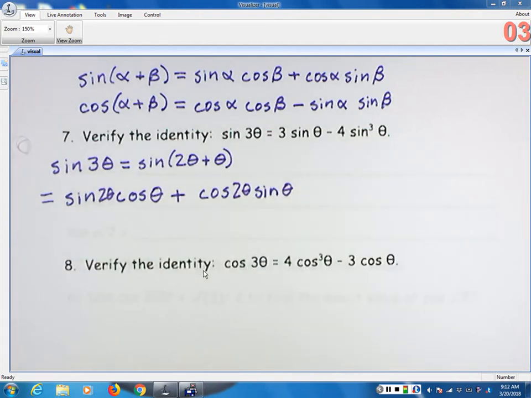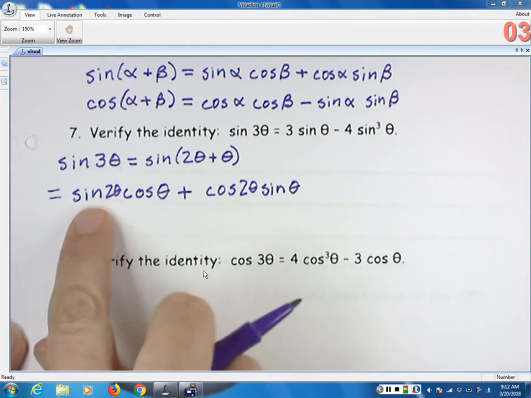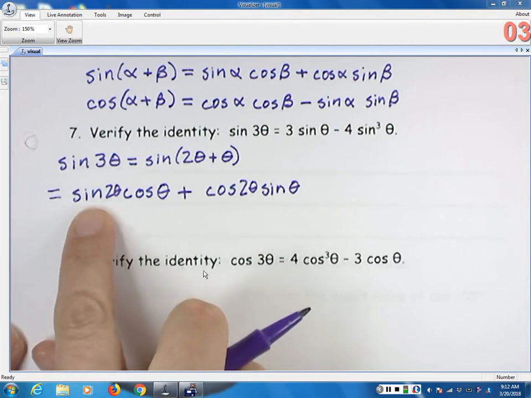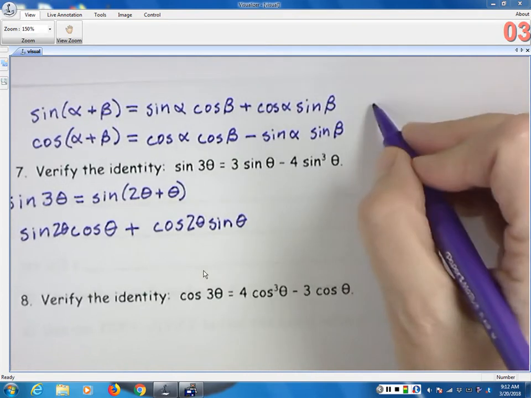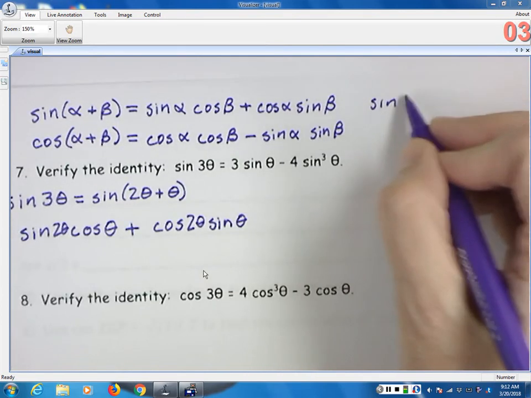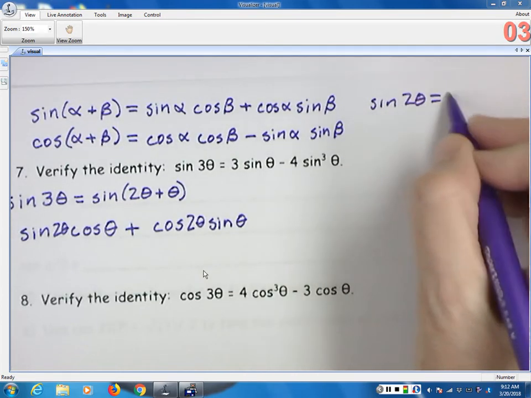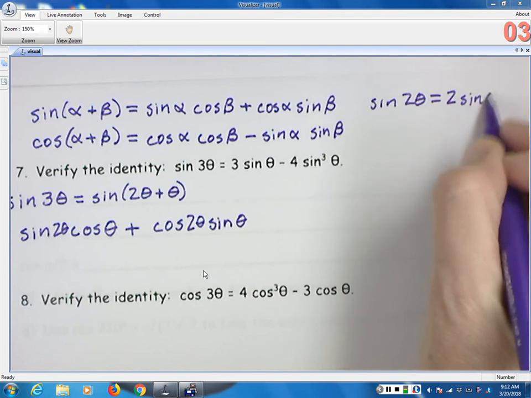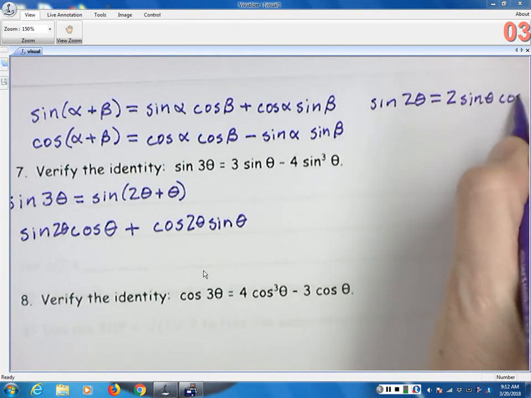So now what are we going to do? Well, we're going to use an identity for sine 2 theta, the double angle formula that we have on the first page. And that I'll write up here is sine of 2 theta equals 2 sine theta cosine theta.